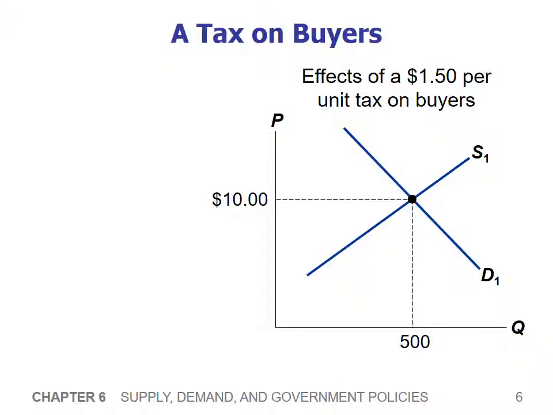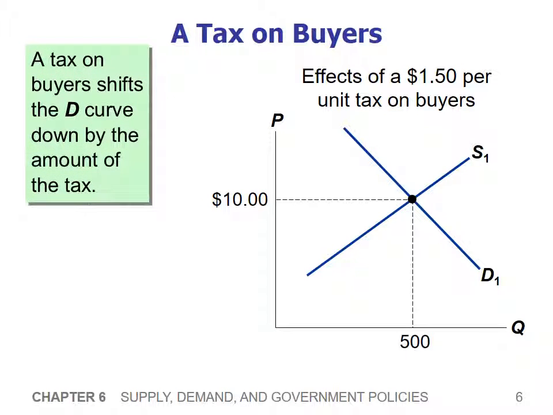So if you want to make them pay $1.50 as tax, you have to charge them $8.50 for pizzas for them to still buy 500 pizzas. So the demand curve will decrease, or it will fall by $1.50, the extent of the tax.